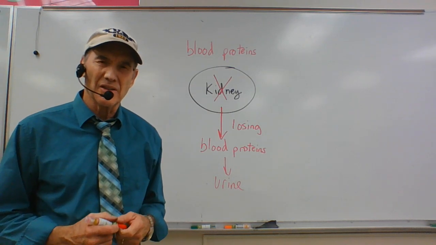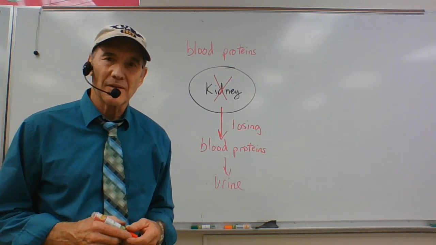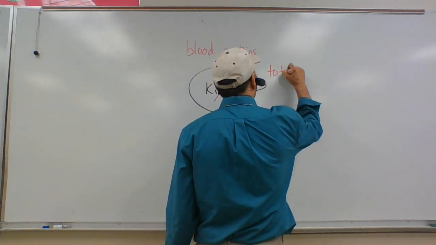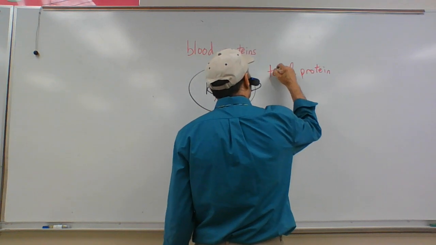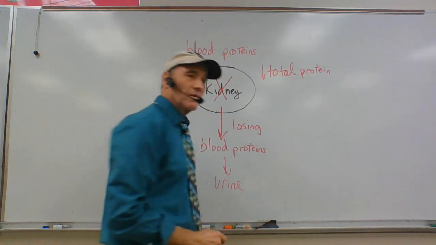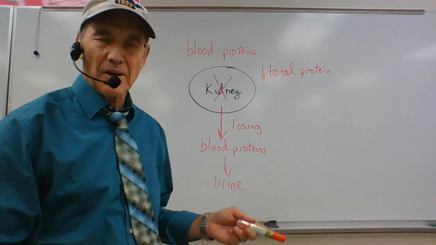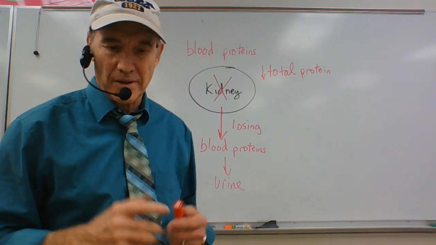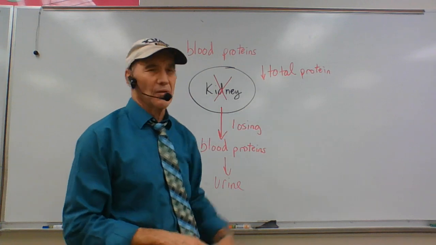So the total protein on the chem panel would be low, right? Because they're losing the protein when they shouldn't be. It's going through the kidneys and out into the urine when it should be staying in the blood. That's what would show on your chem panel.